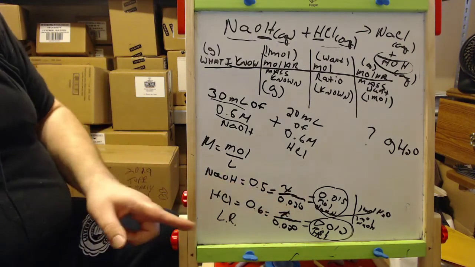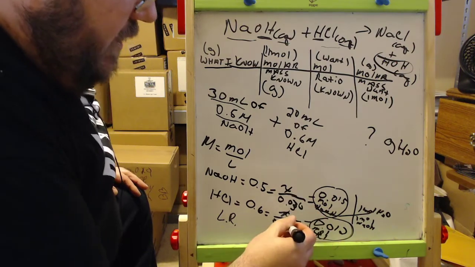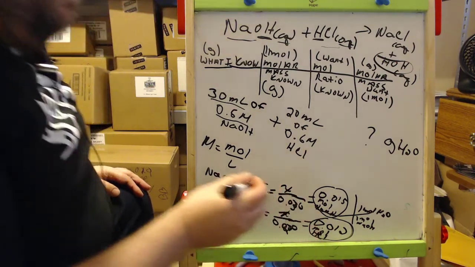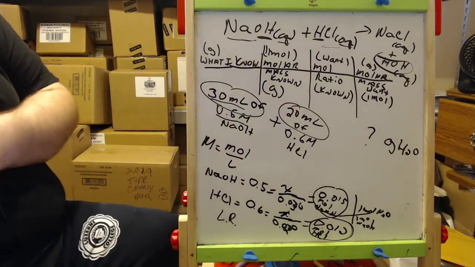This one's 0.03. That's a 3. This is a 2. And it comes from there.